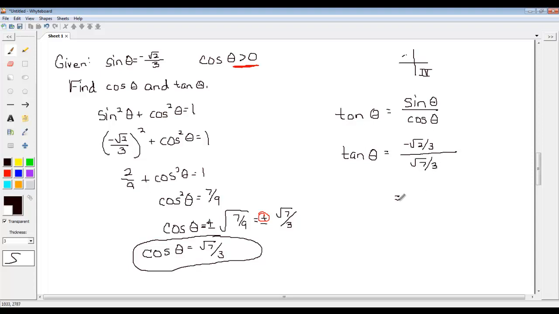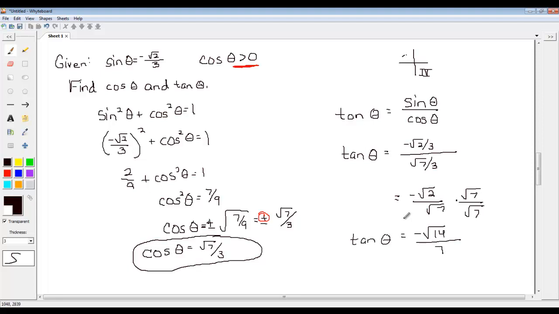Start reducing, the 3's will reduce out. You'll have negative square root of 2 over square root of 7. Then go ahead and rationalize the denominator. Multiply top and bottom by square root of 7. You're going to end up with negative square root of 14 over plain old 7. And there's your tangent.